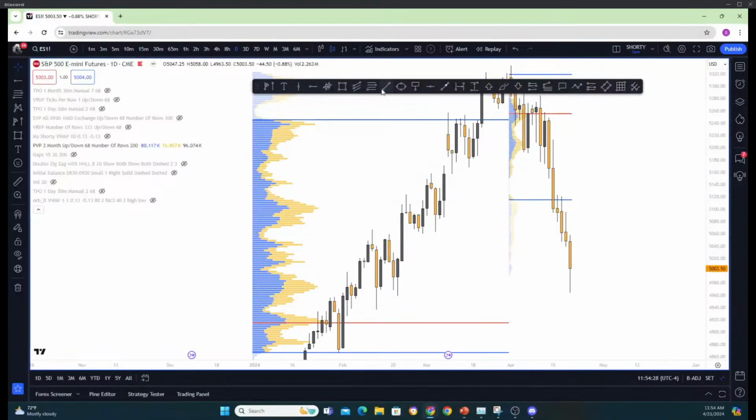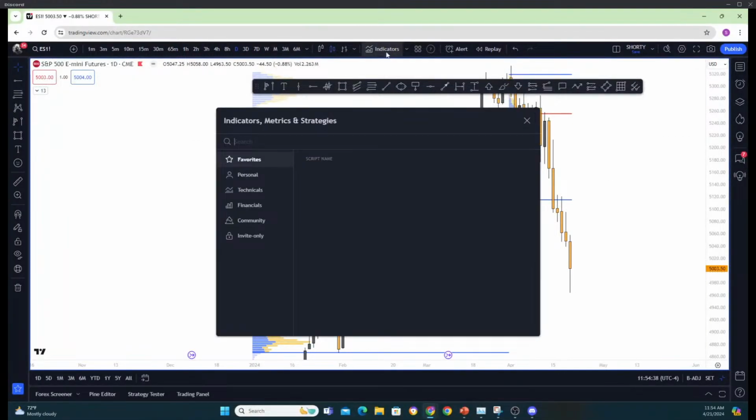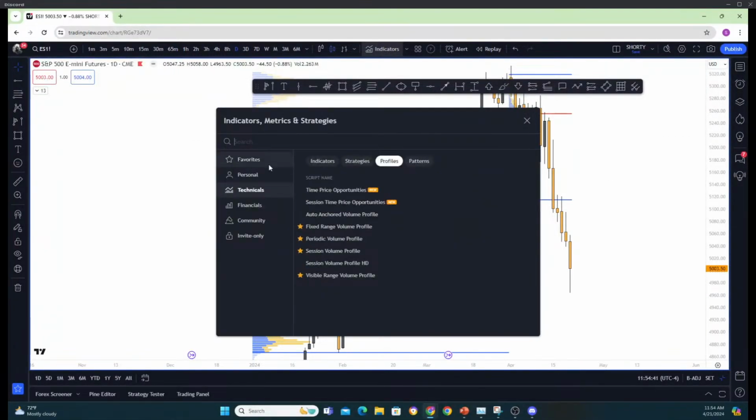Is there anyone that doesn't know how to find these indicators? Let's just assume that nobody knew how. If you go under indicators and you go under technicals, and then you'll have a submenu here, and you want to go to the profile section.